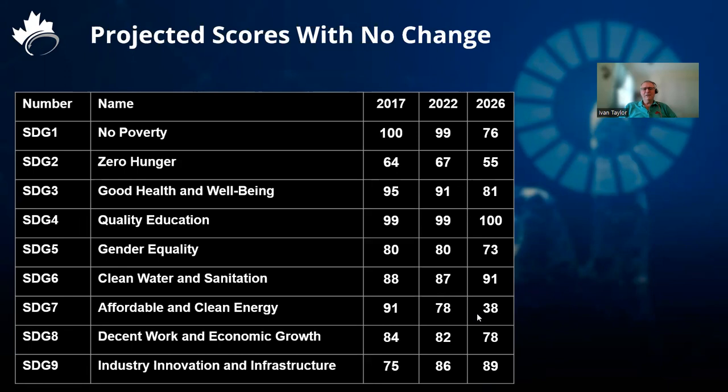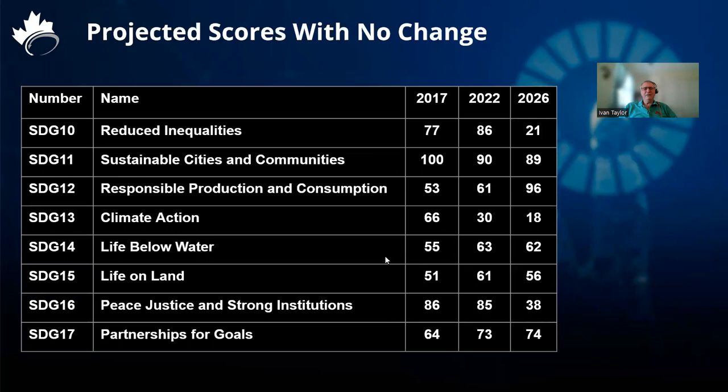And in particular, you can see that affordable and clean energy is very low we project in 2026. And then if you look at the next 8 SDGs from 10 to 17, we see that reduced inequalities has dropped quite considerably in our projections. And also climate action is very low we project in 2026. And it has been decreasing over the past few years.